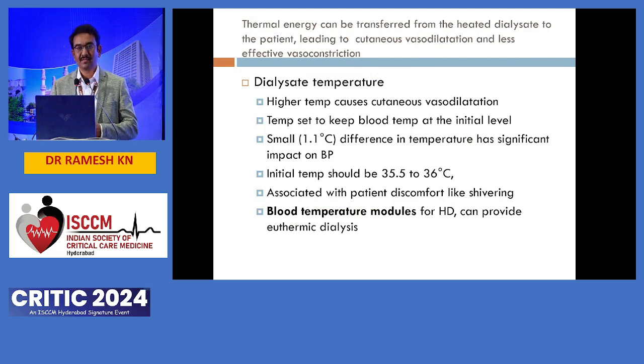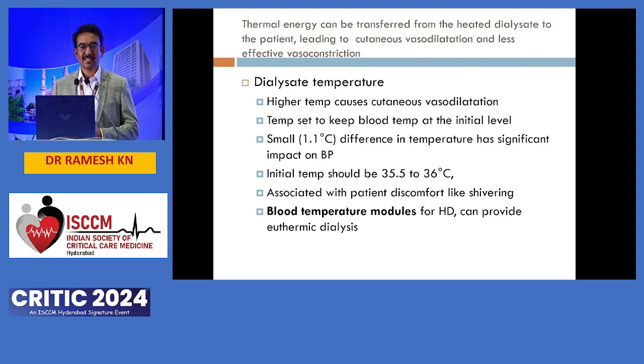And the temperature is very important during dialysis. There is very strong evidence that temperature management during dialysis will reduce the incidence of intradialytic hypotension. When we use a higher temperature of dialysate, it will cause an increase in the temperature of the body and vasodilatation.